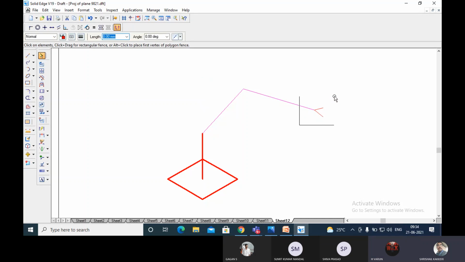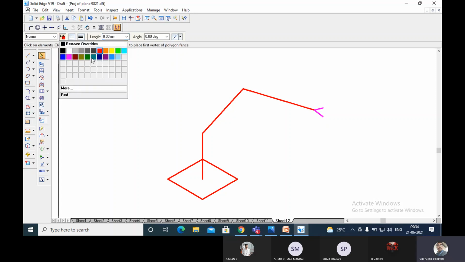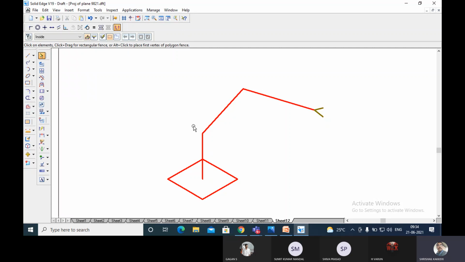Yes, sir. Okay, now. Very simple. Try to reduce the figure and write it. This is the rotation here, and rotation here, and rotation here also. You understand my point?